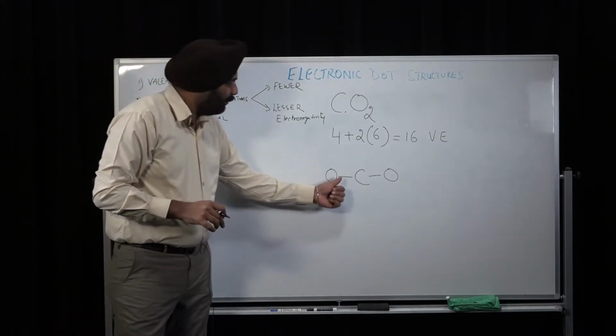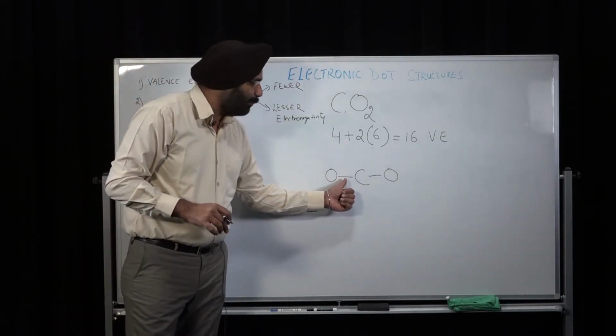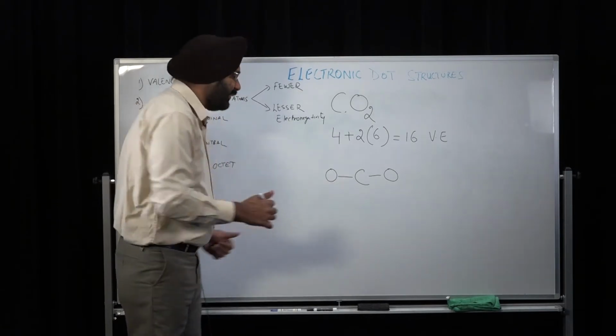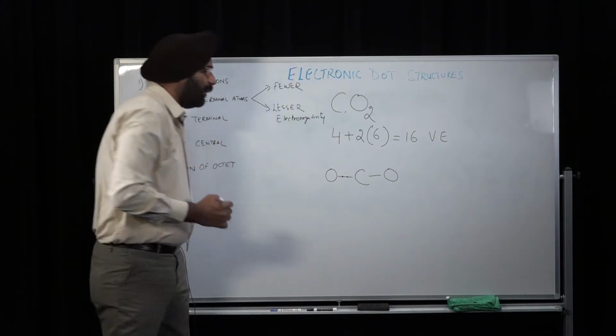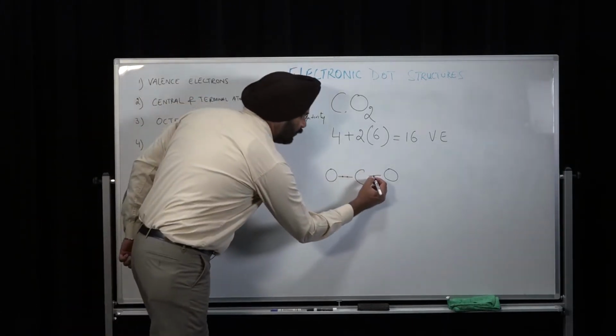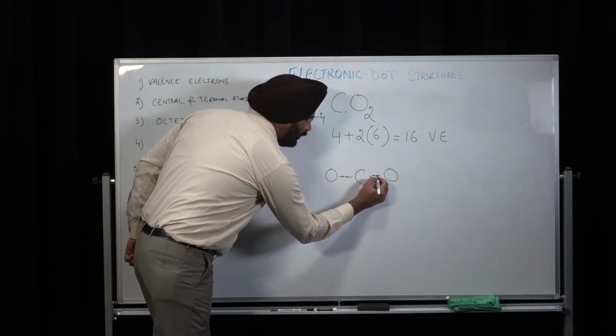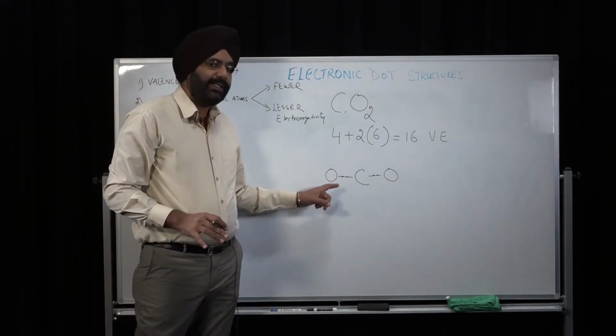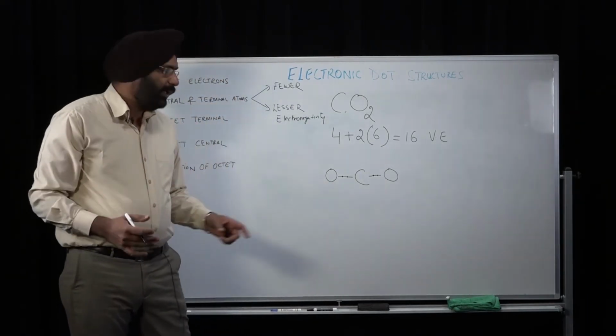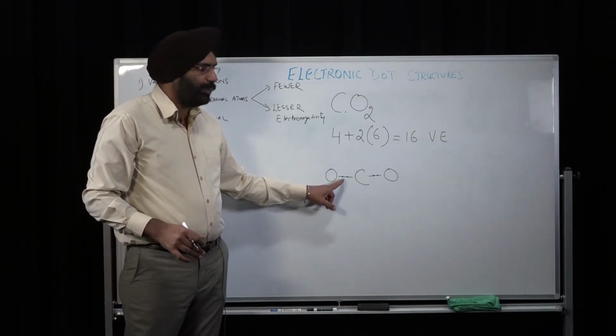Now, this joining means a bond, and it also represents that there are 2 electrons between carbon and oxygen. So the best way is to just show a line. By convention, a line represents 2 electrons.